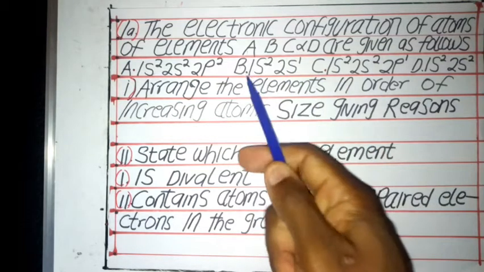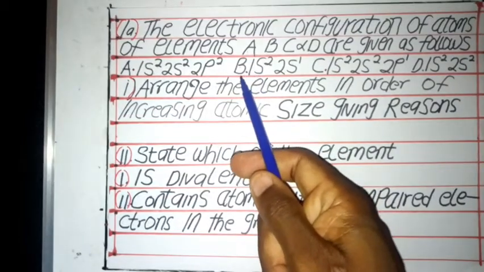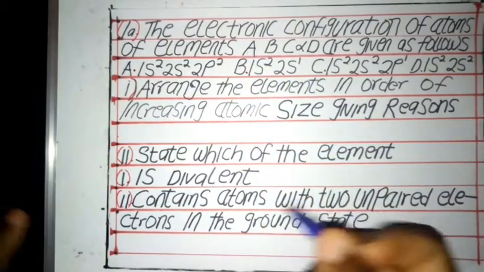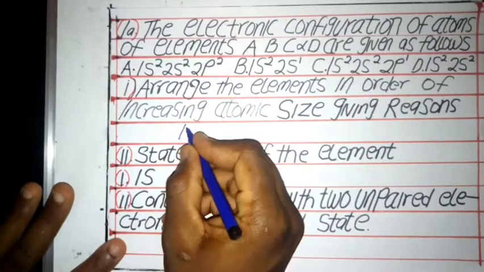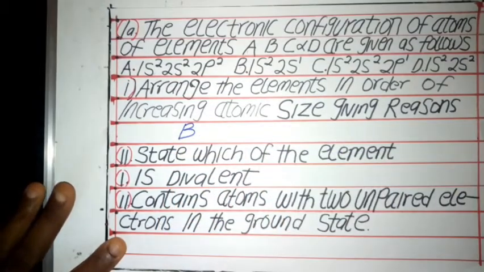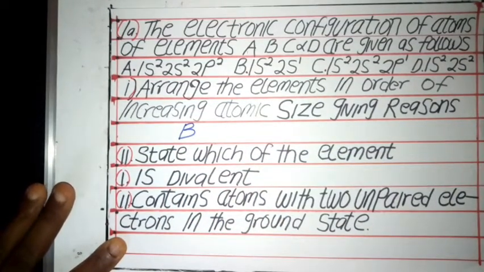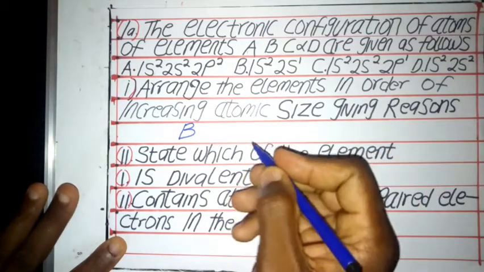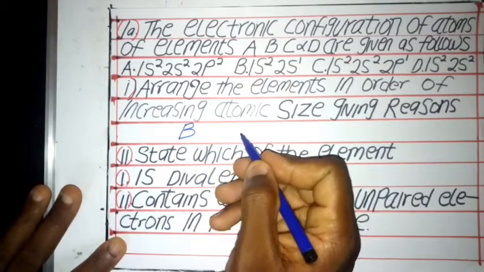Since lithium is B, we write that first. After lithium, we have beryllium. Beryllium is D.